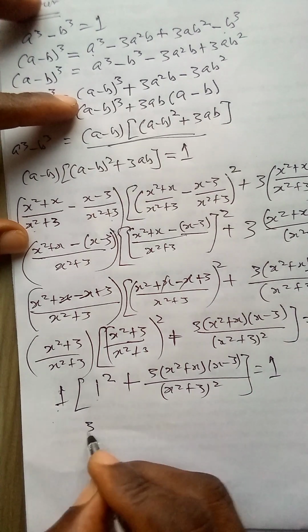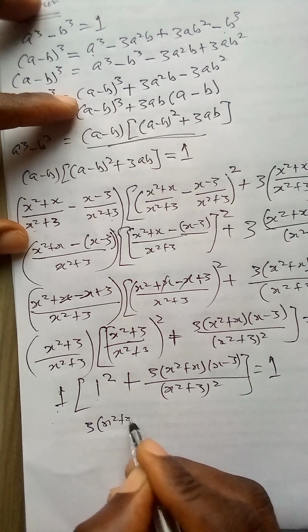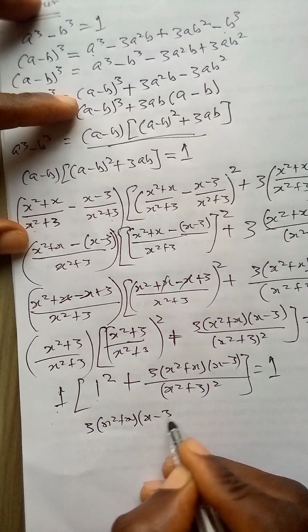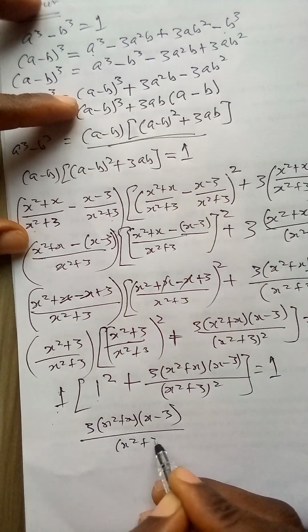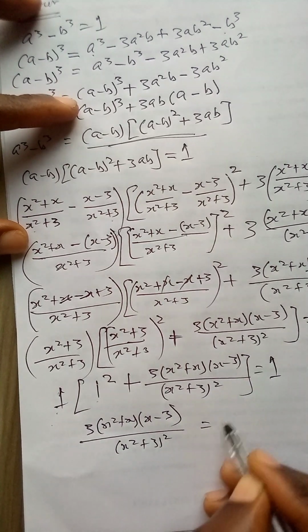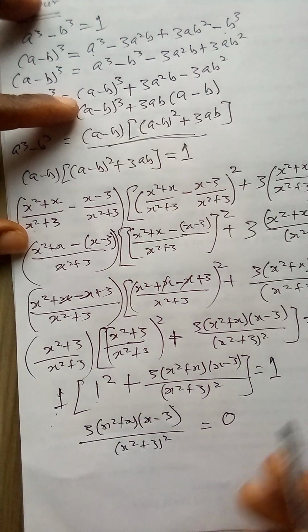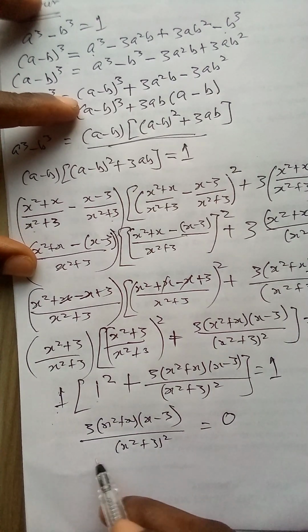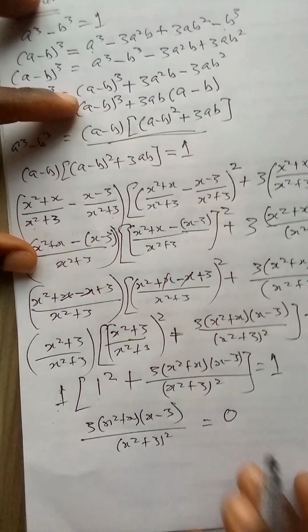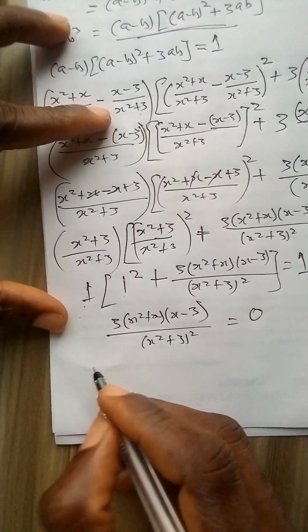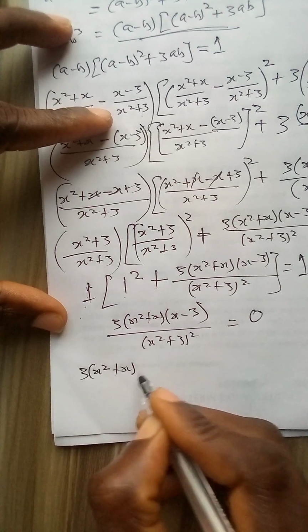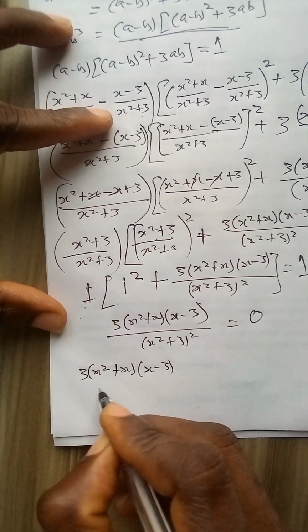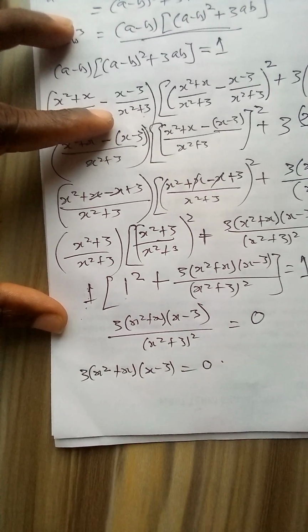So I have 3 times (x squared plus x)(x minus 3) all over (x squared plus 3) all squared is equal to 0 because 1 minus 1 is 0. If I multiply through by x squared plus 3, what I will have is 3 times (x squared plus x)(x minus 3) is equal to 0.